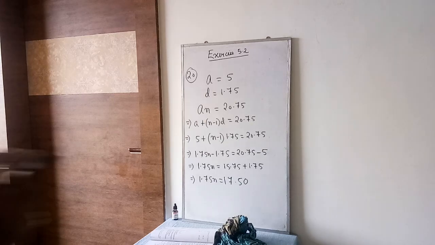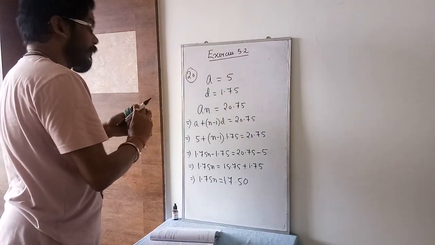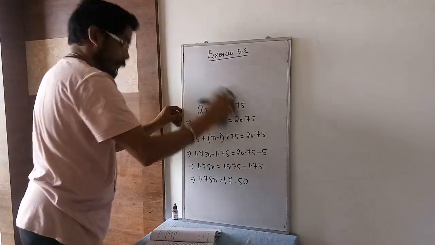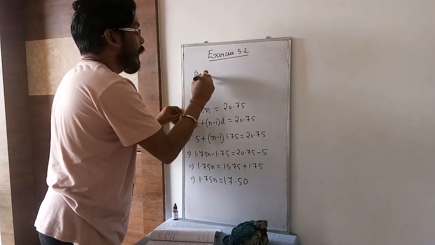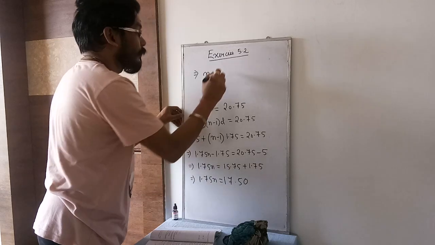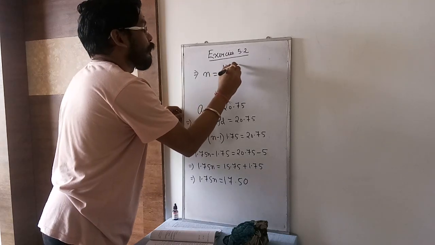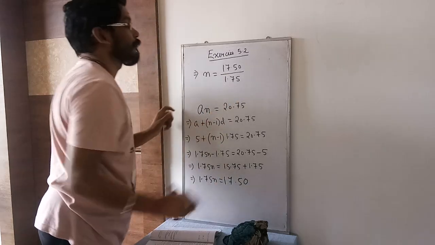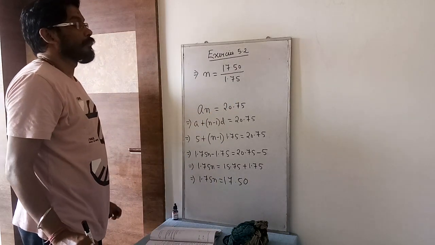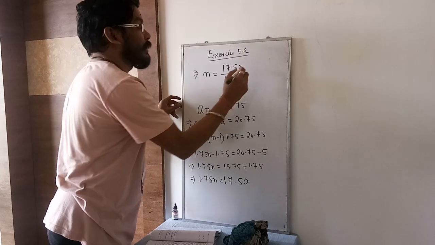Take the screenshot of this. Now I'll rub the upper part. So N equals 17.50 divided by 1.75.